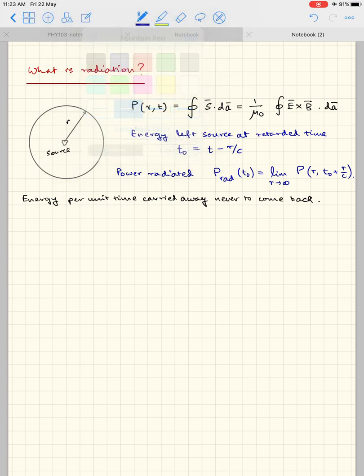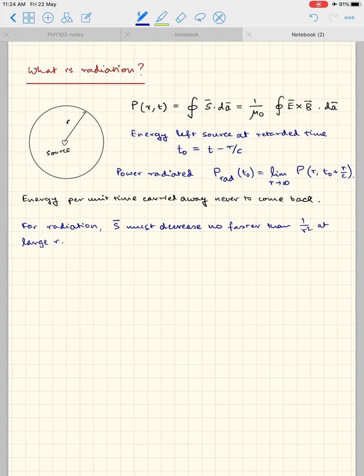Let me write this down. For radiation, S must decrease no faster than 1 over r squared at large r. Right?